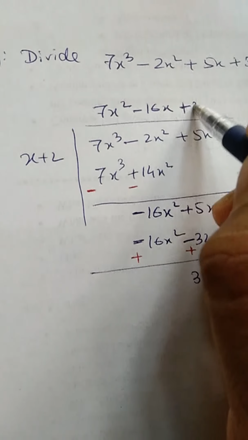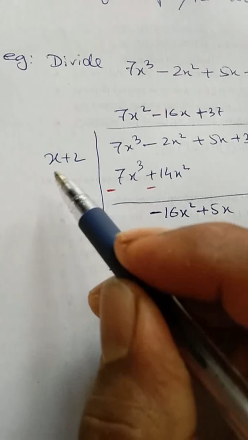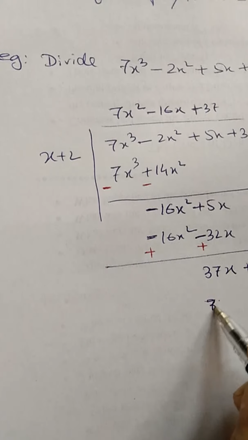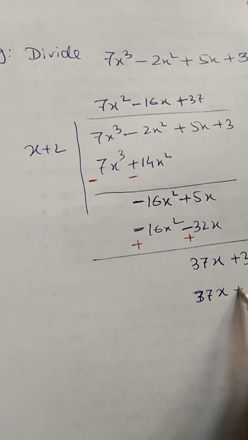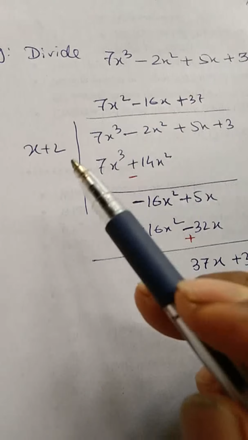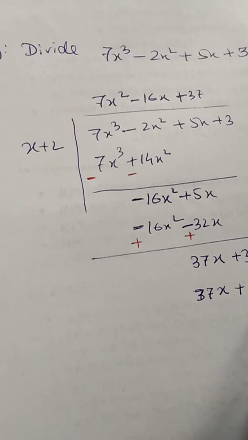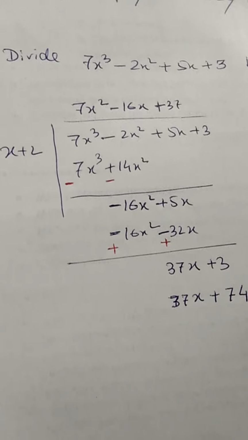Now 37 will multiply with both x and 2. So 37x will come here, then plus 2 into 37, 74 will come.